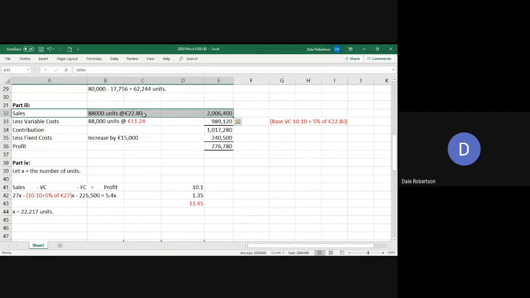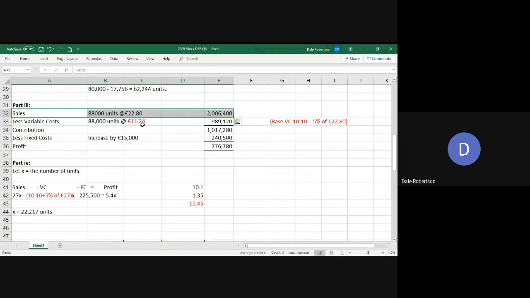And they're going to reduce the selling price by 5%. So therefore, our €24 becomes €22.80. And when you multiply that out, you get 2,006,400.